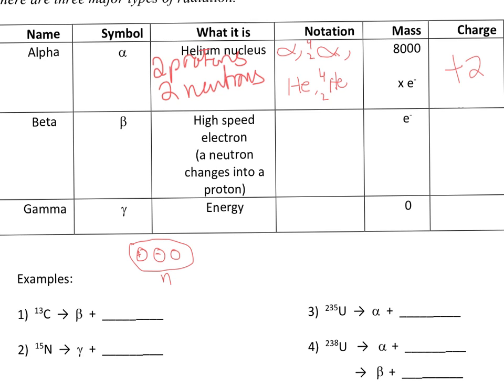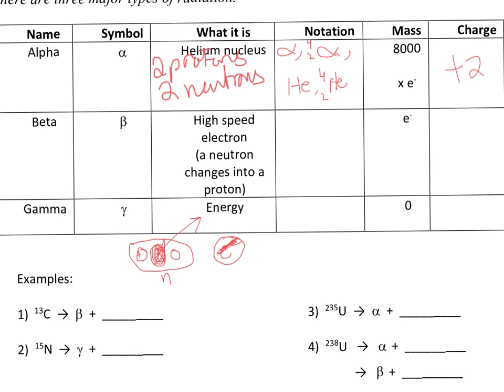What happens with a beta decay is that it's a high-speed electron that leaves your nucleus. And so this part right here is gone. It goes out. You can call it a high-speed electron, or you can just think of it as a quark that has a negative charge. And so that leaves.